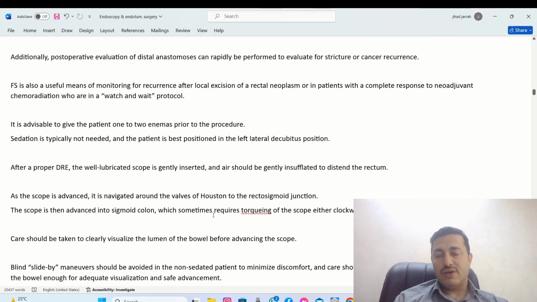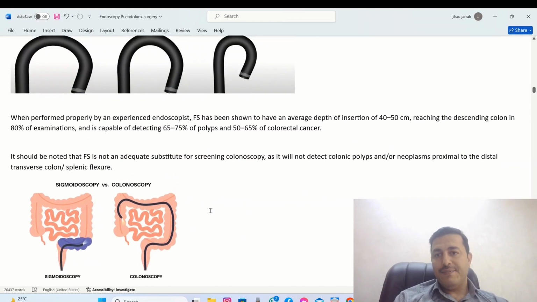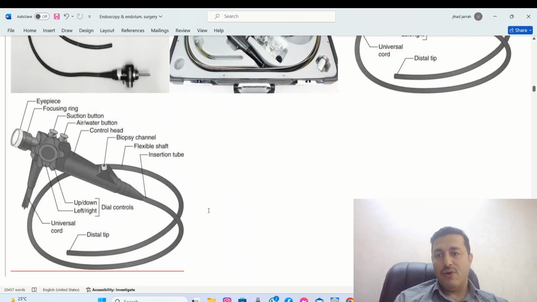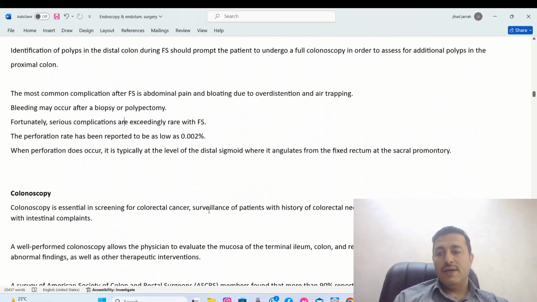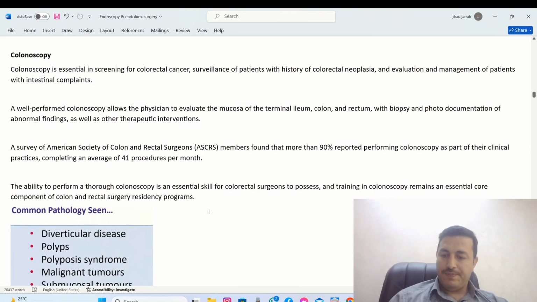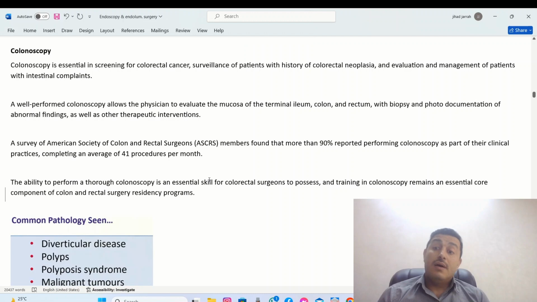Okay, what else we didn't add? I think we finished talking about the flexible sigmoidoscopy. Let's move down to colonoscopy. Okay, colonoscopy is a type of flexible endoscopic technique.